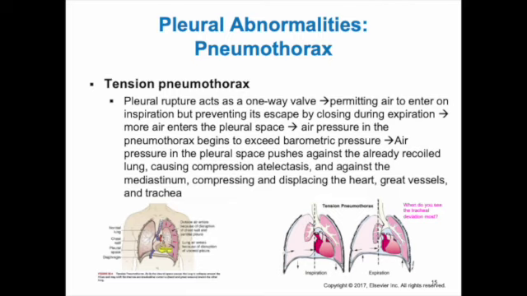It's going to push against the lung that's already recoiled, and this compression is going to cause compression atelectasis, and it's going to move against the mediastinum, displacing the heart. It's also going to displace the great vessels. It may displace your trachea, which is a health assessment finding that helps us understand that maybe there is a tension pneumothorax.